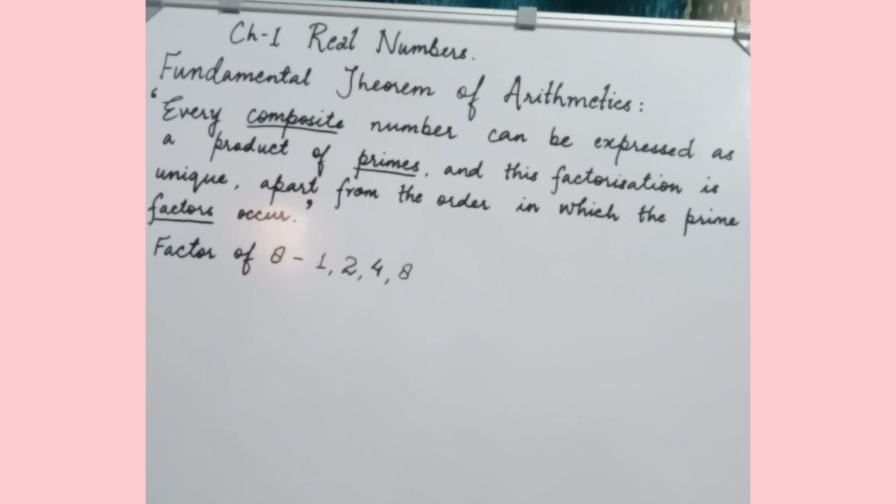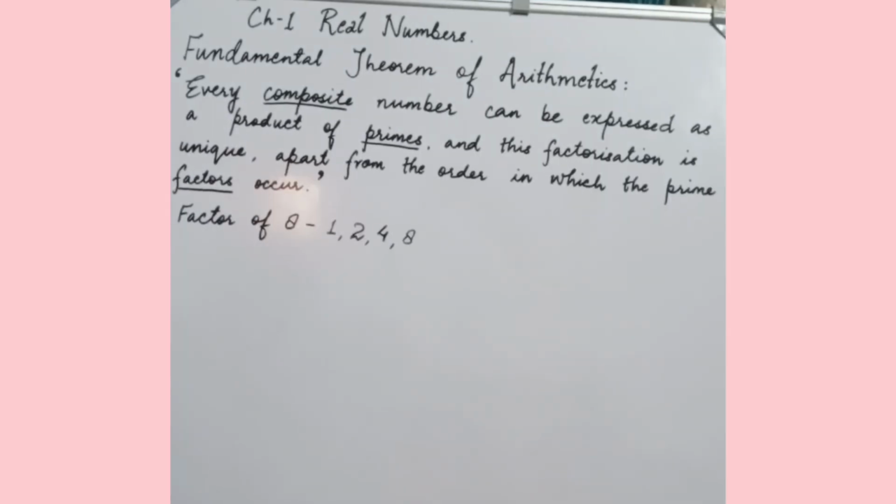For example, 5. See, 5 only comes in its own table and in the table of 1. Can you find any other number in whose table 5 comes? No. Similarly, 2 is also a prime number. 2 comes only in its own table and in the table of 1. In no other table does it come. Likewise, 3, 7, 11, 13, all these are prime numbers.